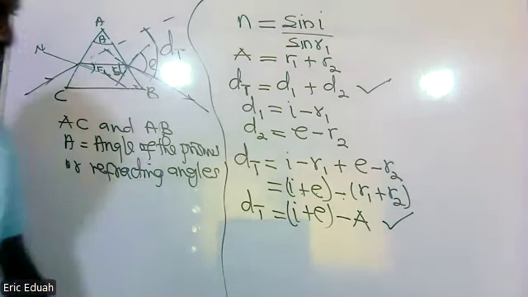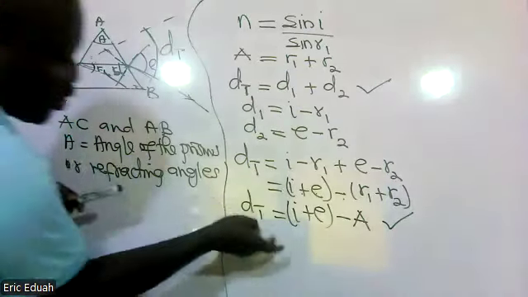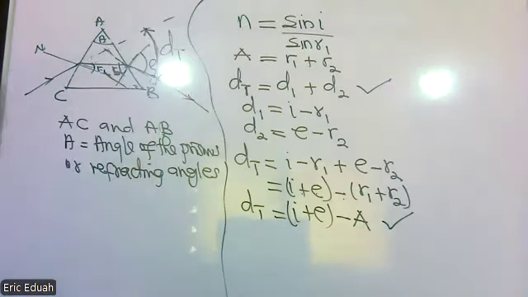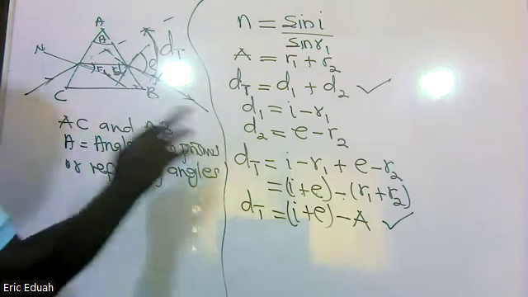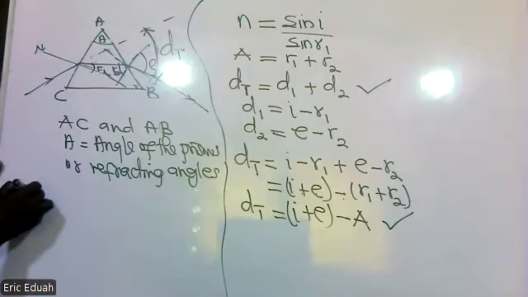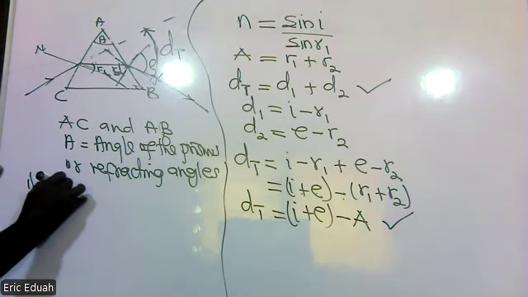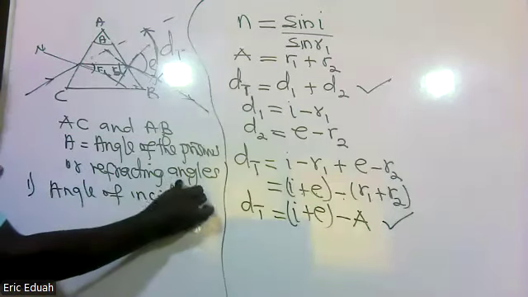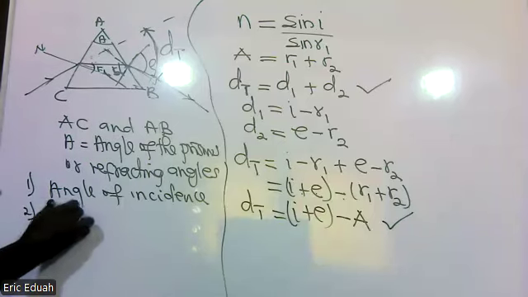I said that the total deviation depends on factors. One of the factors on which the total deviation depends is the angle of incidence, and the angle of the prism.